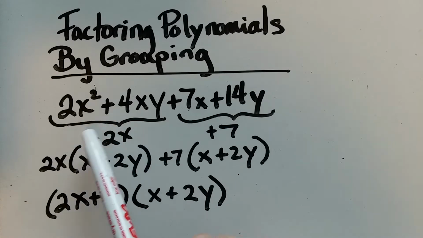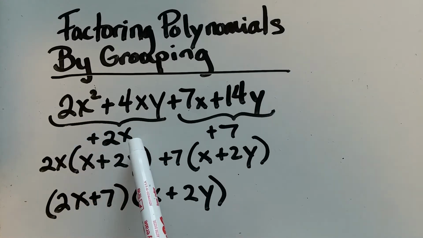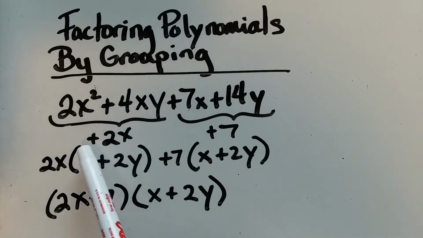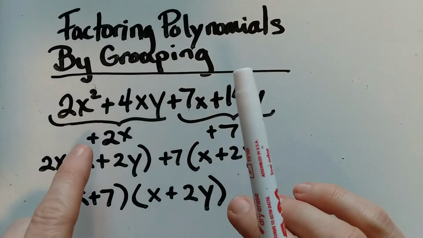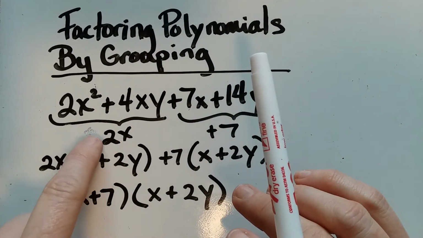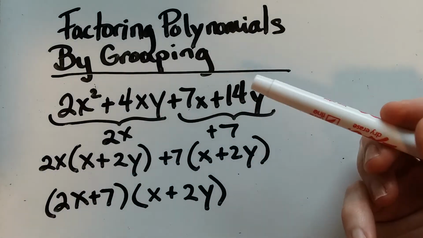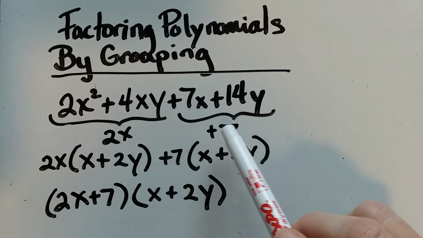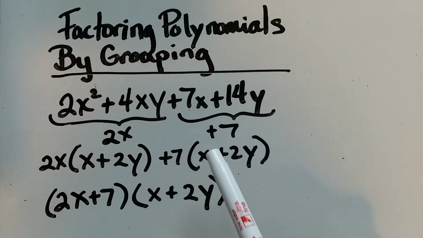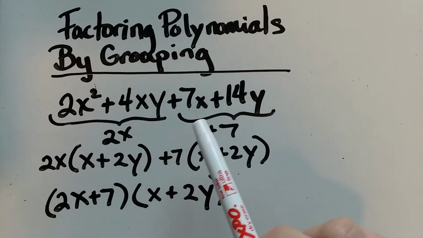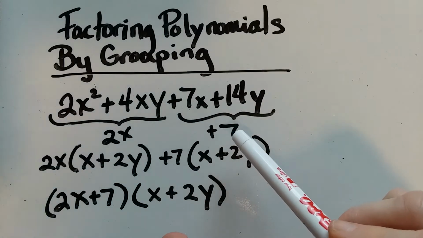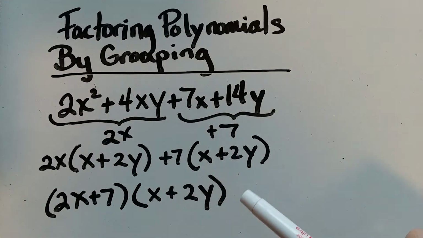So the greatest common factor for these two is positive 2x. Why did I write a positive 2x? You don't have to. But it's a nice placeholder here, because at some point, when you group these guys, you're going to need to know what the next operator is. And the next operator is going to be the sign for the greatest common factor.